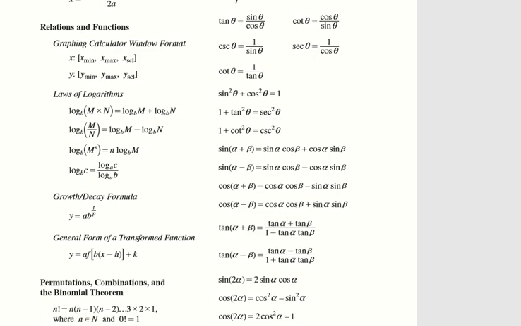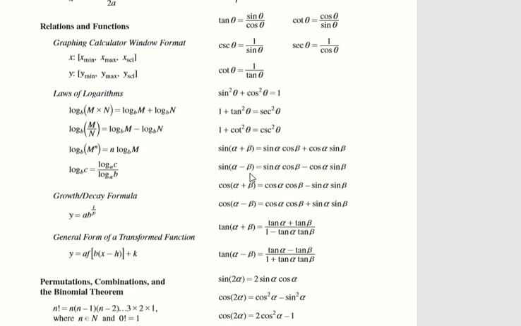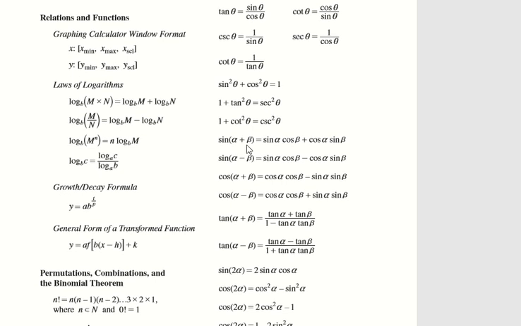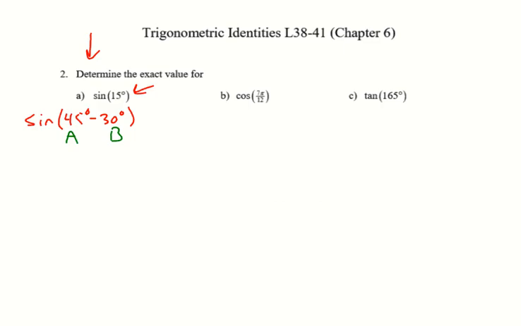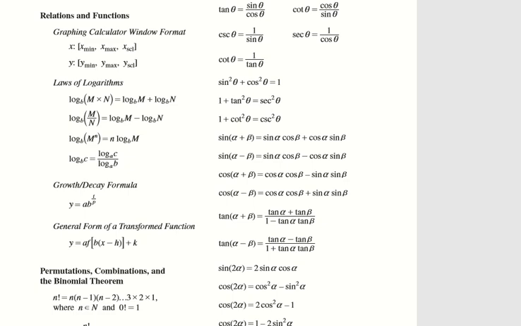Sine A minus B is that one. So I get to rewrite this whole thing as sine A cos B minus cos A sine B. I always have to look at these two, so sine A cos B minus cos A sine B.